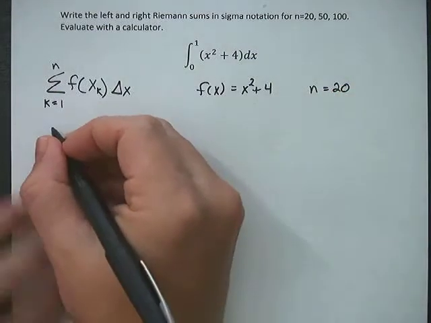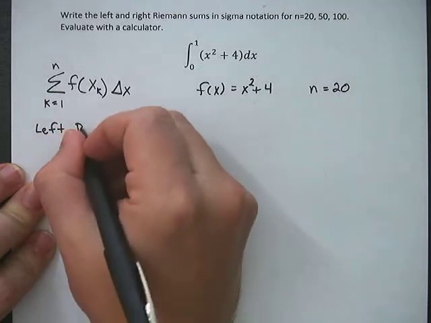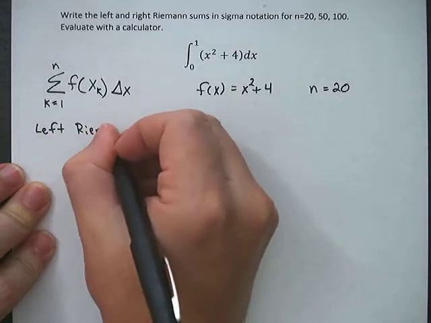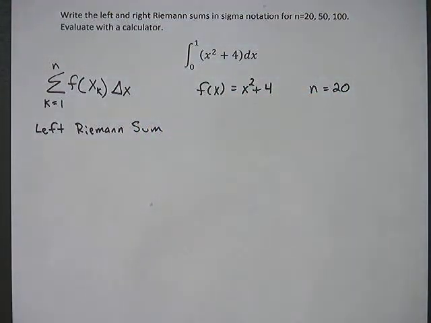So let's start by writing our left Riemann sum. Remember that the left Riemann sum starts from the leftmost part of your interval, and that's important for how we write this Riemann sum.